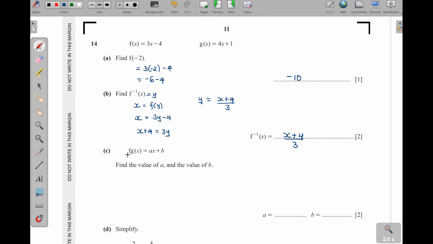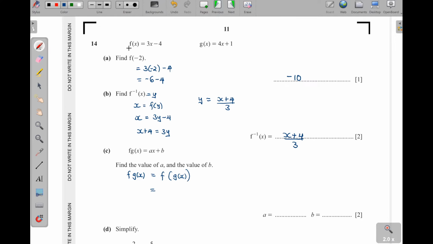And then part C, f g of x, this is a composite function, is equal to ax plus b. Then find the values of A and B. So f g of x, this one simply implies that put g of x into f.